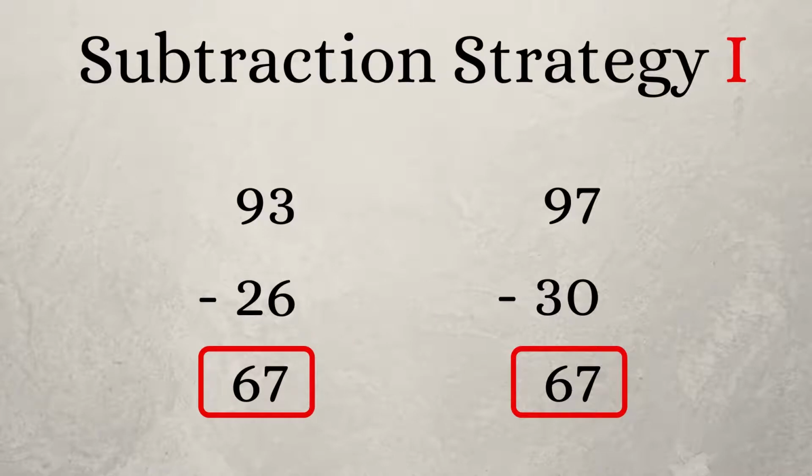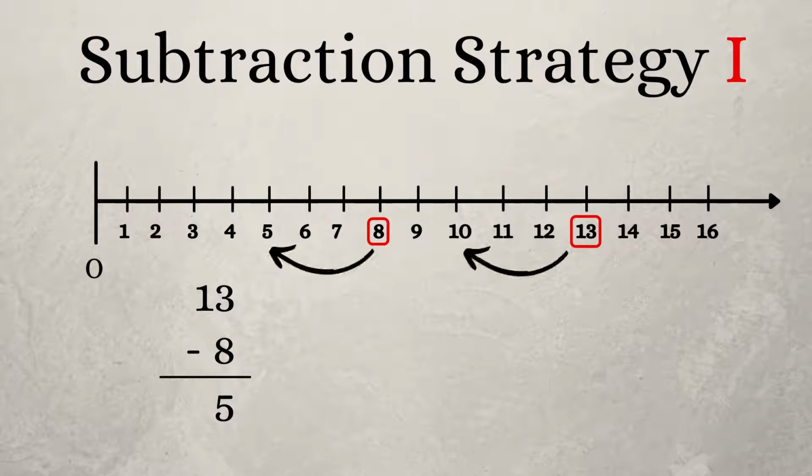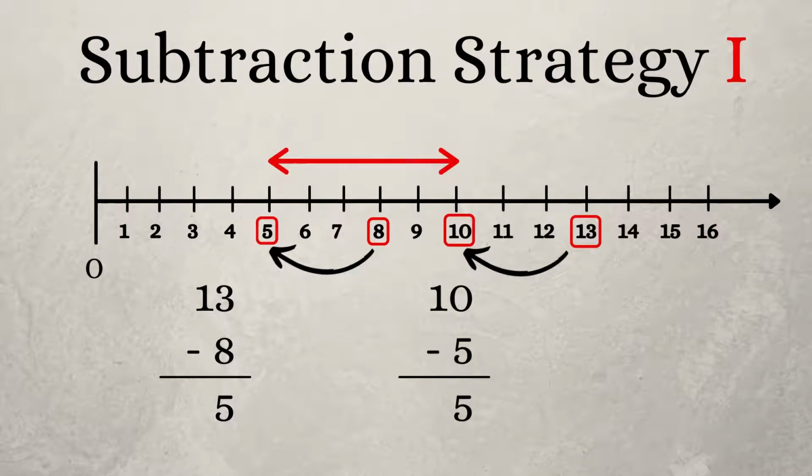Let's check out the same strategy using a number line for better understanding. We know that the difference between 13 and 8 is 5. In case we subtract 3 from both 13 and 8, we get 10 and 5. And what is 10 minus 5?